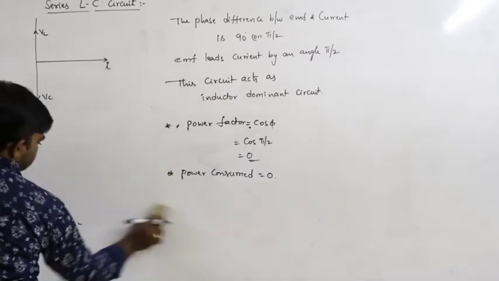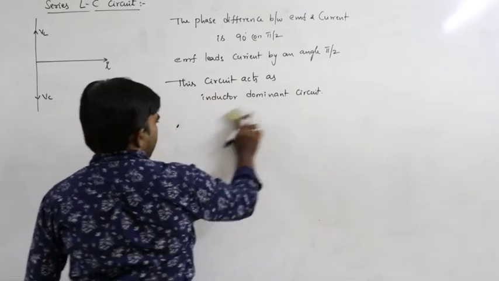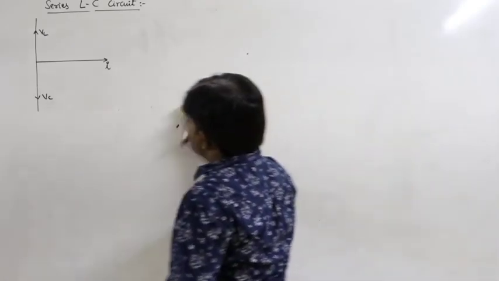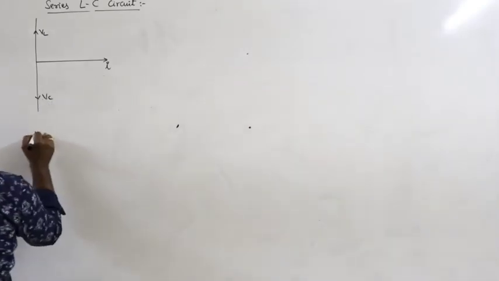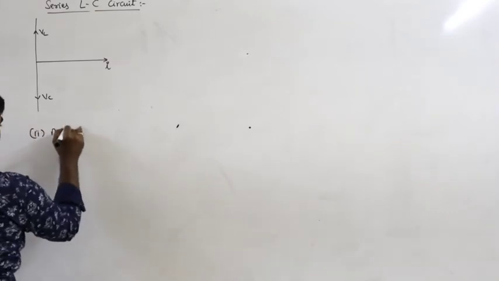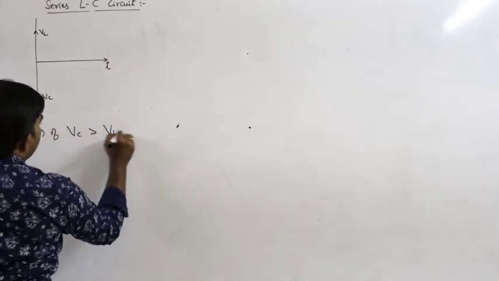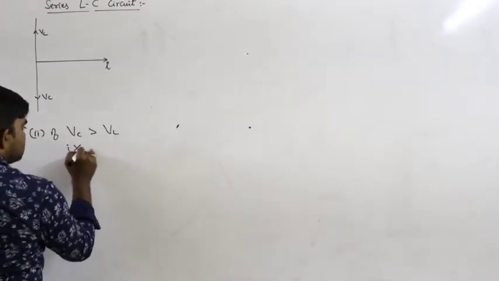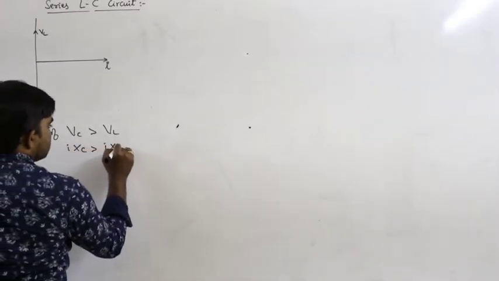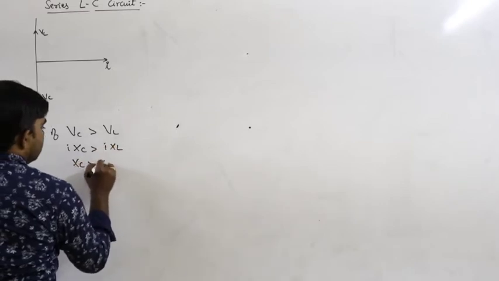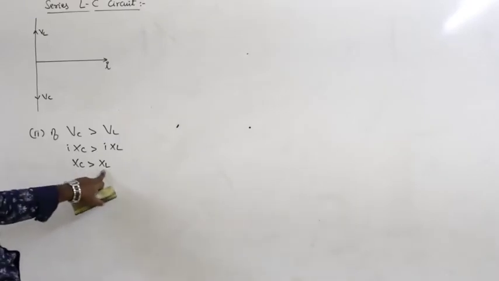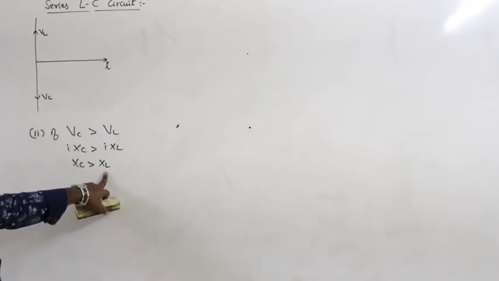Next, the second case in the same situation. The second case is if VC is greater than VL, that means IXC is greater than IXL, or XC is greater than XL. So capacitive reactance is greater than inductive reactance.